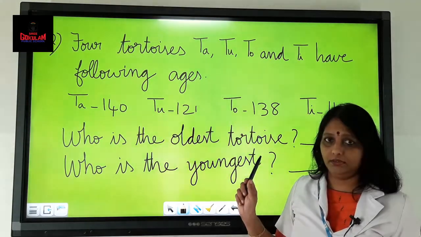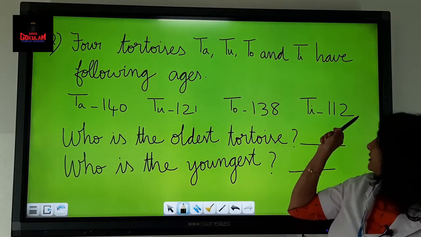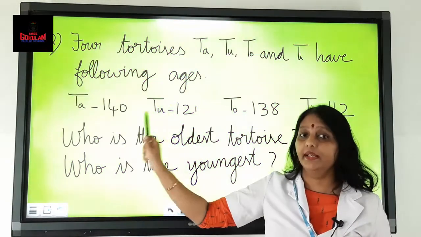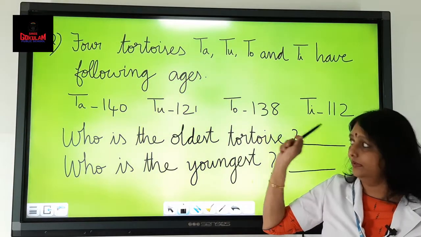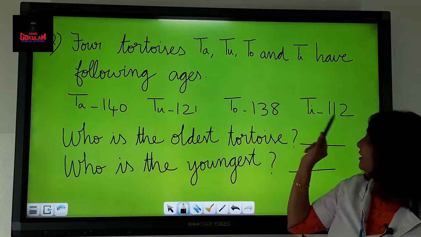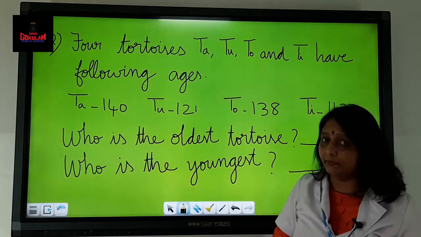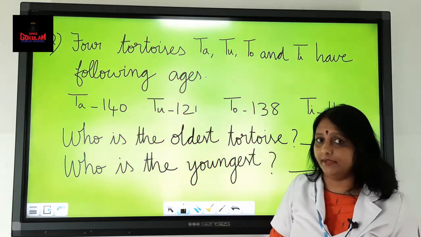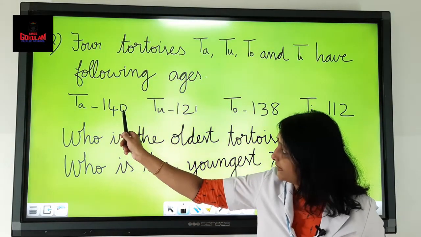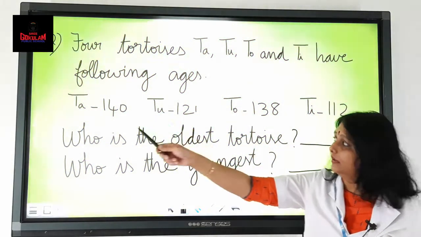Oldest. So, you have to find out among these numbers which is the greatest number. 140, 121, 138, 112. Comparing the numbers in their tens place numbers, we will get the greatest number.